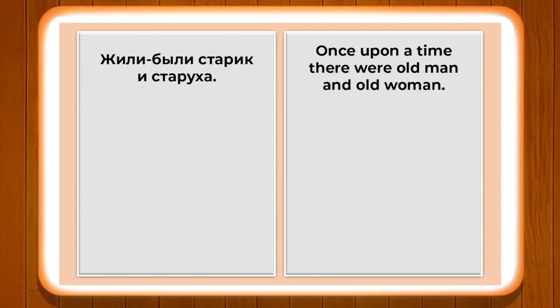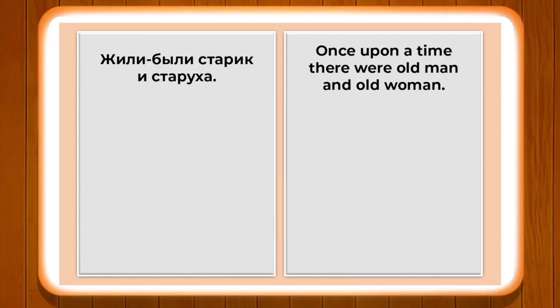"Жили-были старик и старуха." That means "жили" is from the word "жить" and "были" is from the word "быть." So literally "жили" means to live, from the verb "жить." "Были" means were, from the verb "быть." Here it means to be.